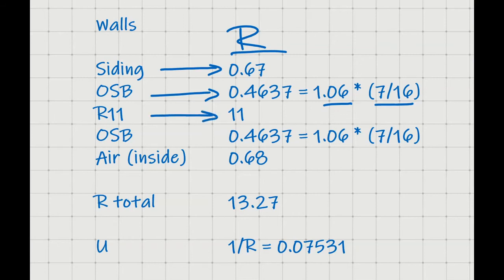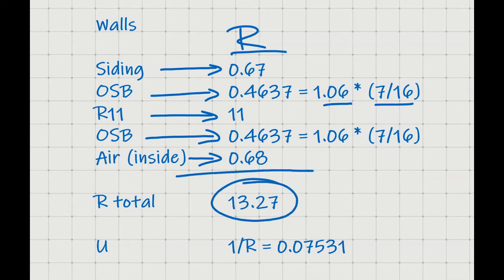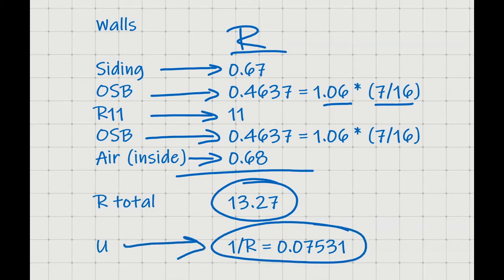R11 is 11, OSB again, same value, air on the inside. Take those and add them all together. You get an R value of 13.27. You take the inverse of that and you get a U value of 0.07531.